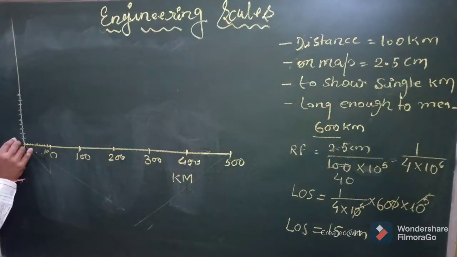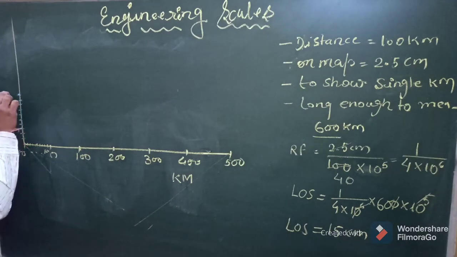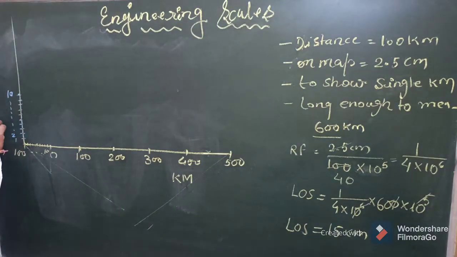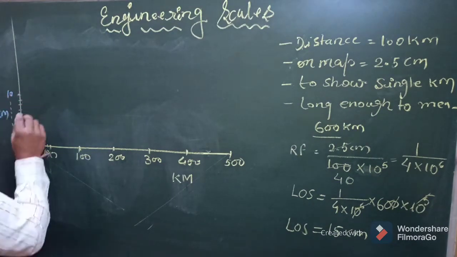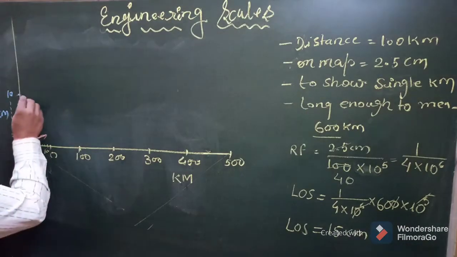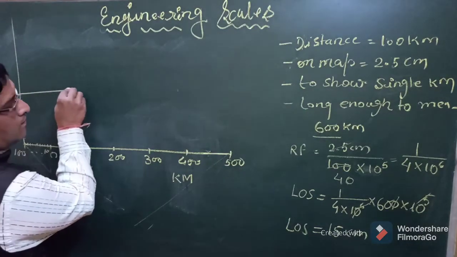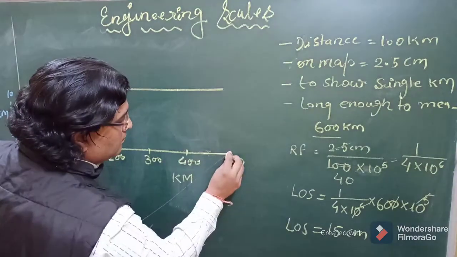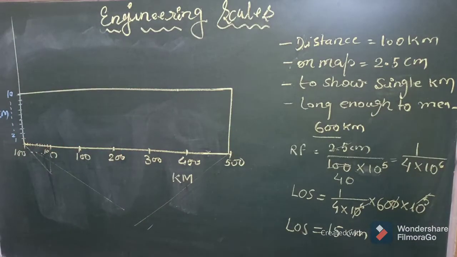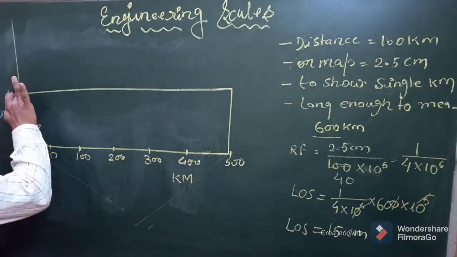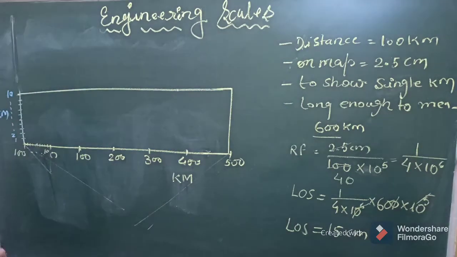Give them markings like 1, 2 up to 10. These are single kilometers. From the last point, complete the rectangle like this. This will be our diagonal scale, and you can erase the extra line.